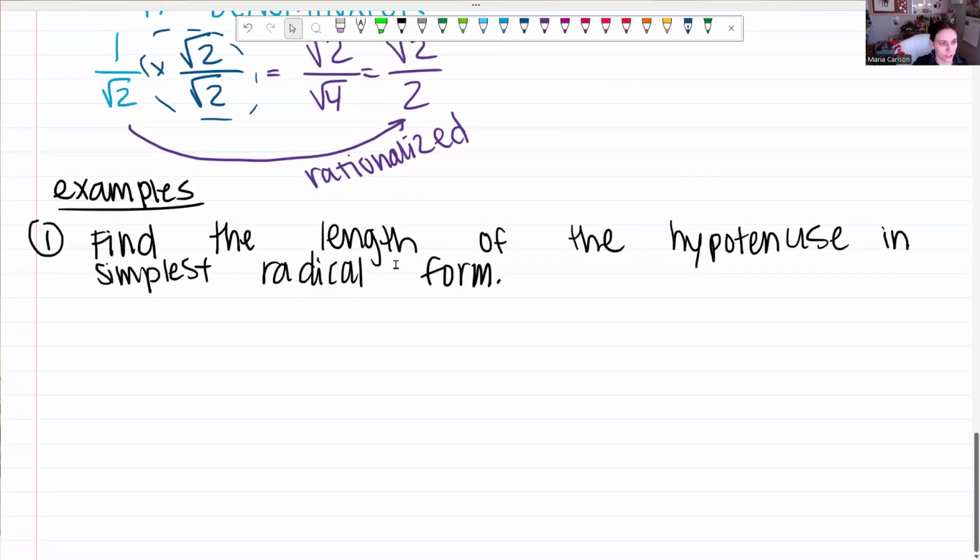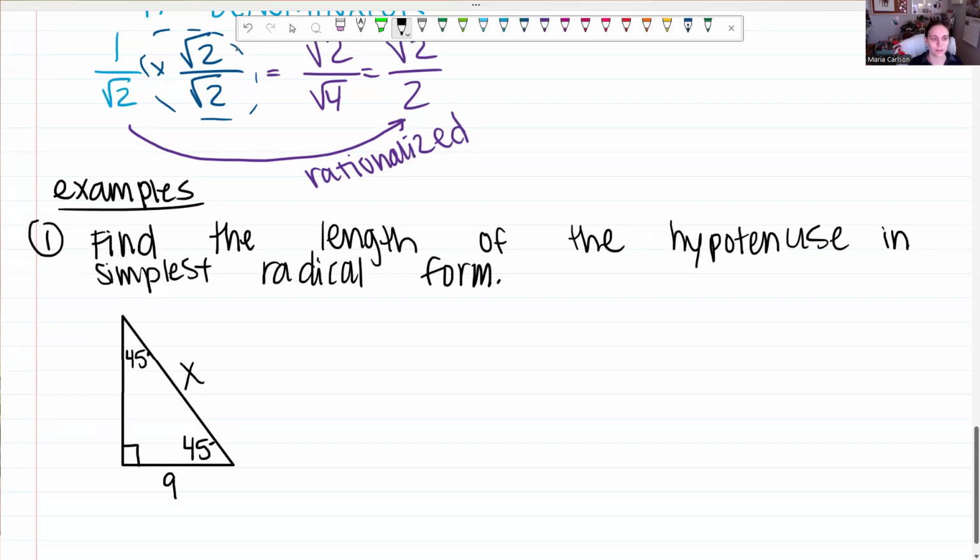The picture here is of a 45, 45, 90 degree triangle. So I'm going to draw that 45, 45, 90 triangle. It's not great, but it's not to scale. Okay, so this is 45, this is 90, and this is 45. The diagram tells us that the length of that side is 9, and the side we're trying to find is x.